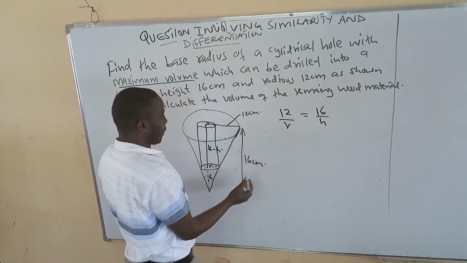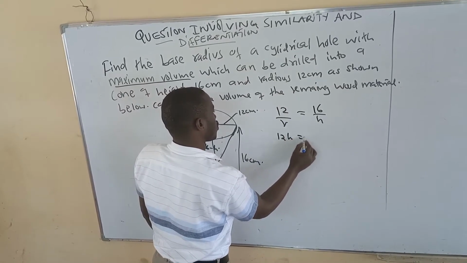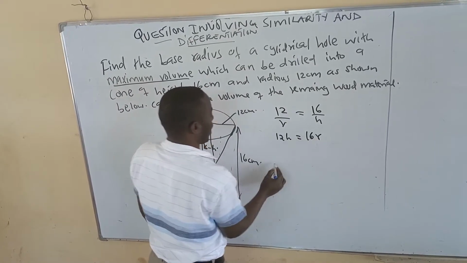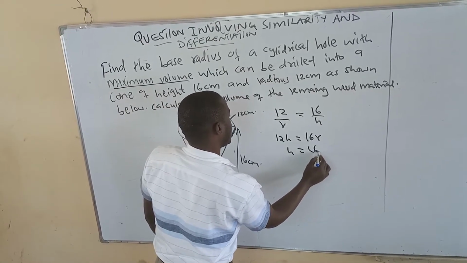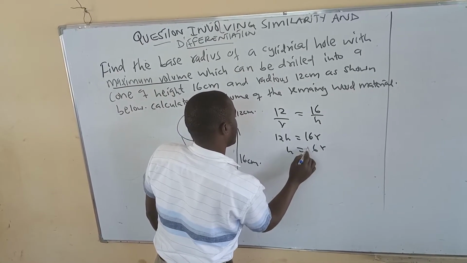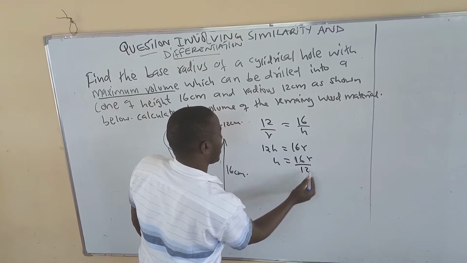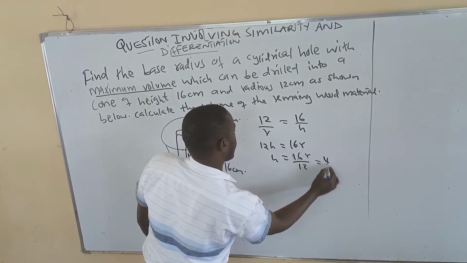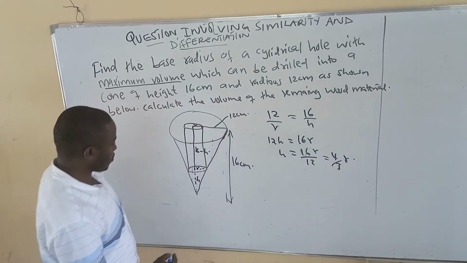If we cross multiply, it will be 12h equals 16r. Making h the subject, h equals 16r all over 12. Dividing by 4, h equals 4r over 3. So that is the value of h.